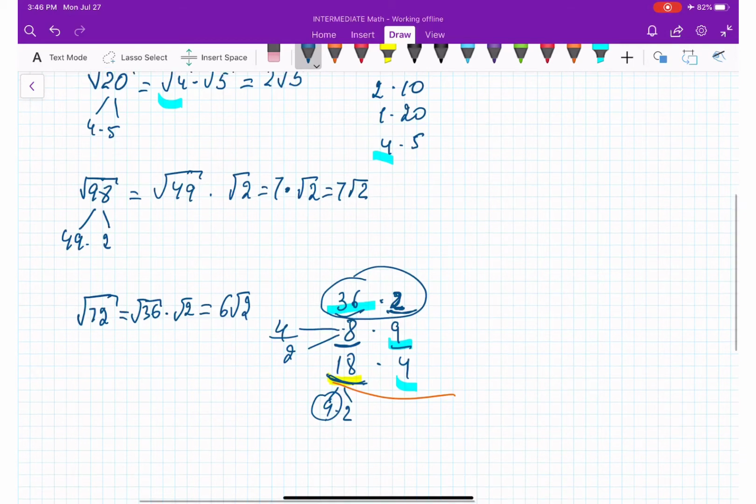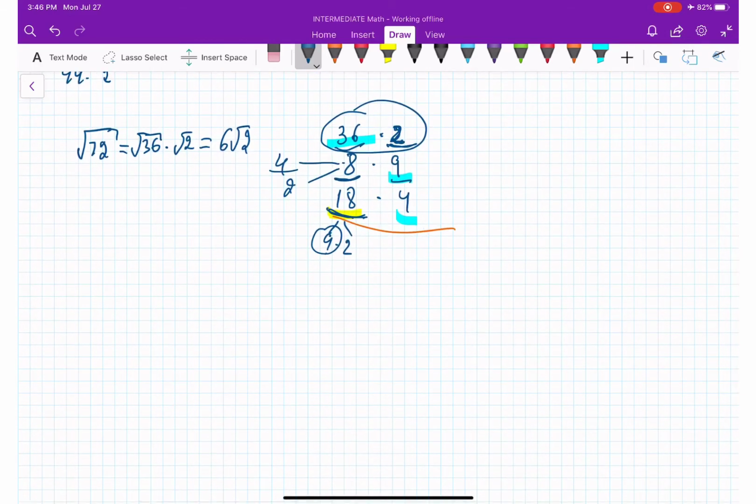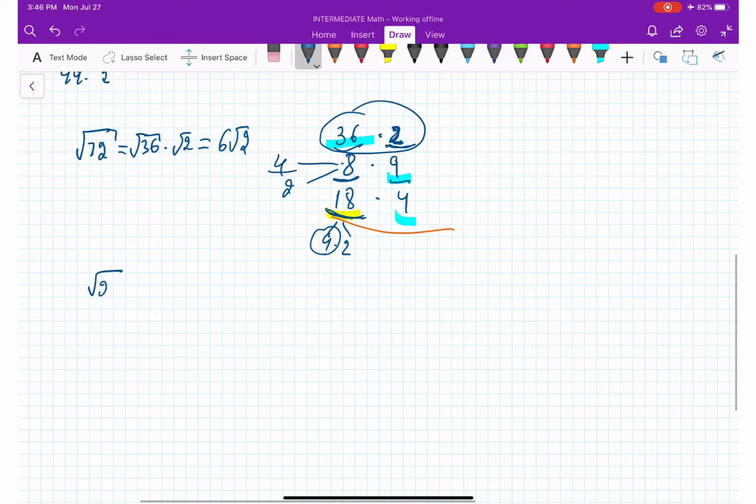Next one, 24. So what we are going to do, 2 and 12. There is no square root of 12. 6 and 4. Okay, if I take square root of 4, from 6, can I take out anything? No, I can't.